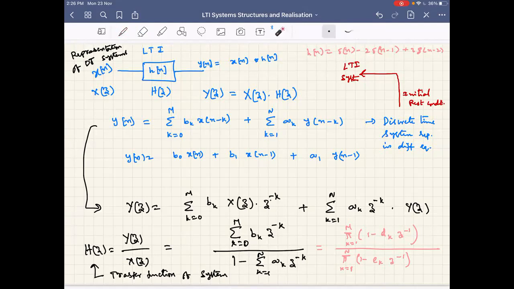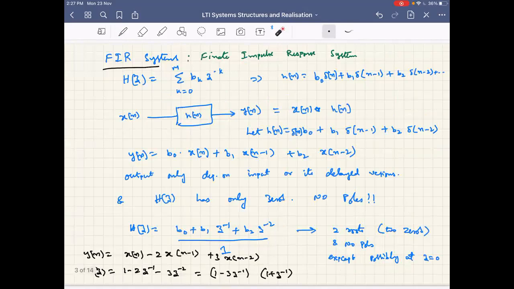Based on the system function H of z, there are two broad categories of discrete time systems. One is having only the numerator term, that is referred to as finite impulse response systems. As the name indicates, the corresponding impulse response has only a finite number of terms, 0 to M, that is M plus 1 terms.